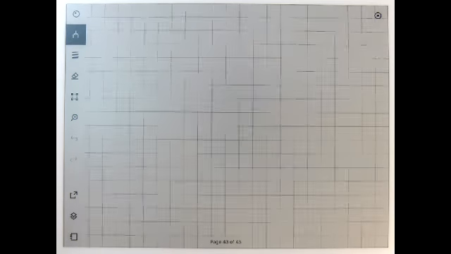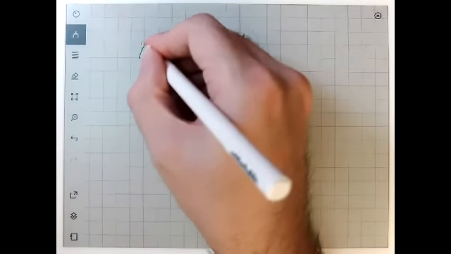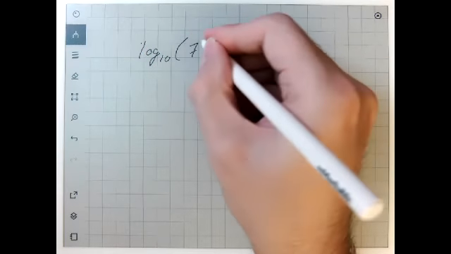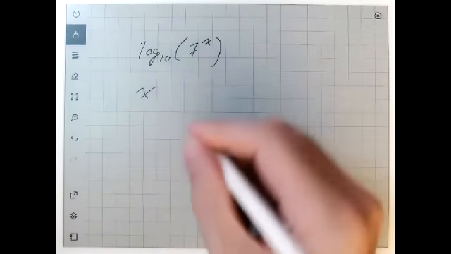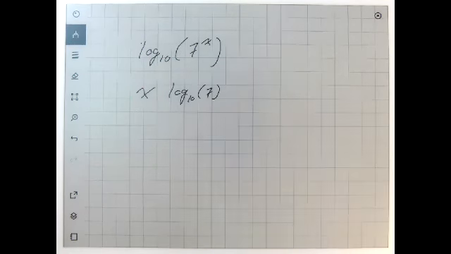This last property is also incredibly useful in working with equations, something we'll get to a little bit later. If we have an exponential function, log base 10 of 7 raised to the x power, this is x times the log of 7.